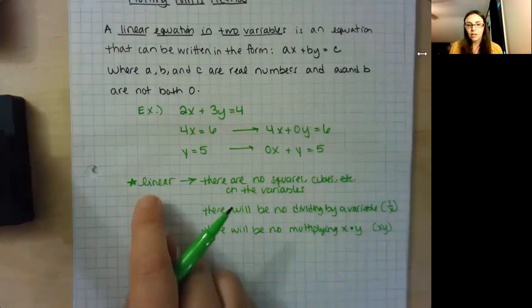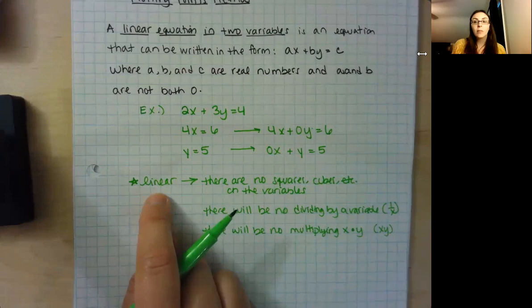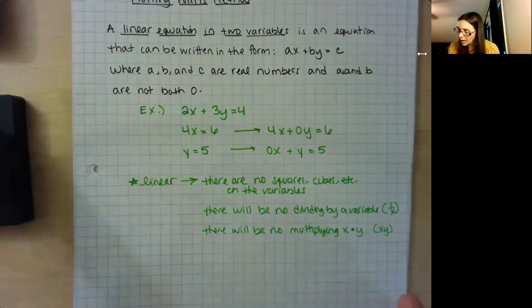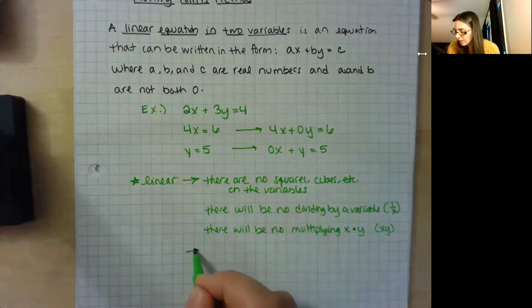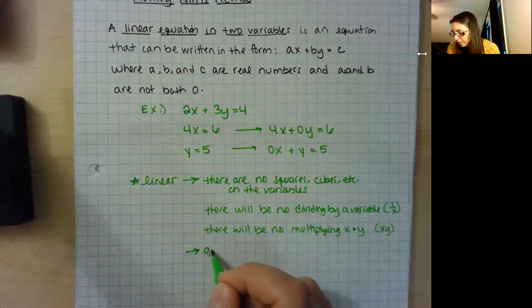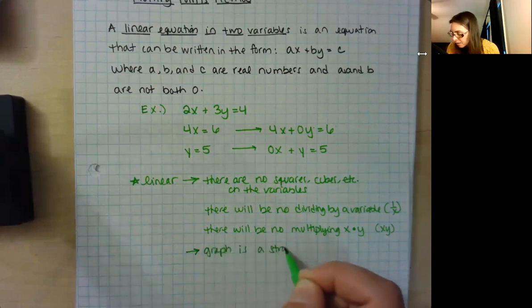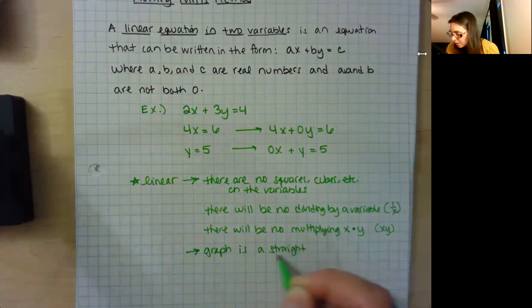So if something is linear, they are some of the more simple graphs, right? We're not going to do anything too crazy to those variables. And the big thing that you're going to see here is that the graph is a straight line.